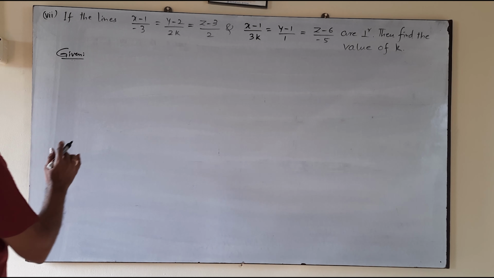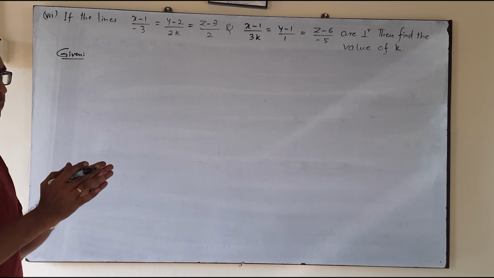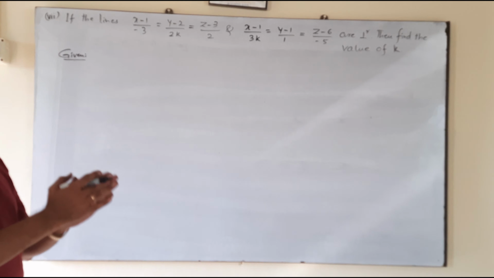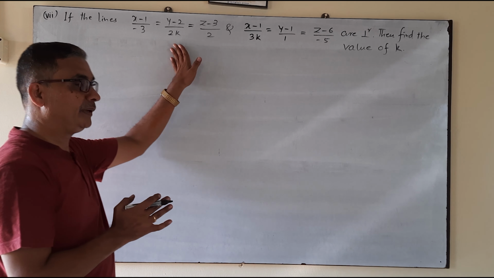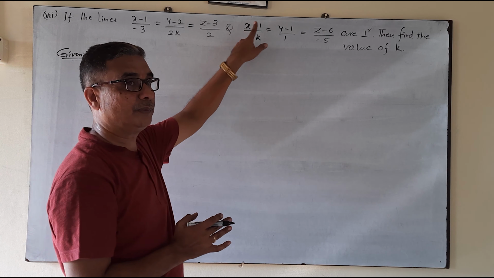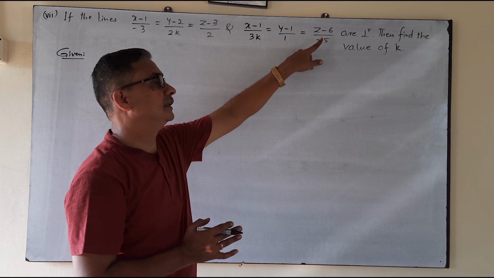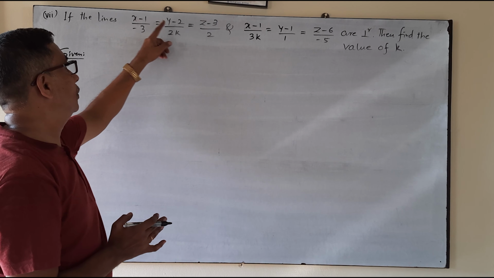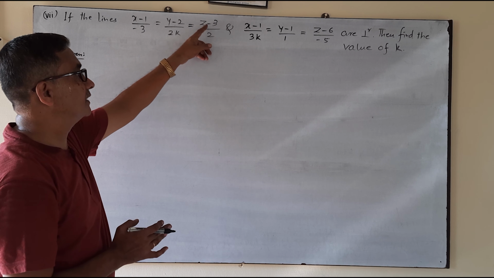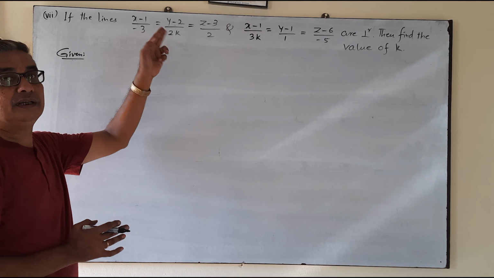Before solving that problem, first you have to identify whether those two lines are in Cartesian form or not. Cartesian form should be (x minus x1) divided by a1 is equal to (y minus y1) divided by b1 is equal to (z minus z1) divided by c1, similarly (x minus x2) divided by a2, (y minus y2) divided by b2, (z minus z2) divided by c2. The coefficient of x, y, z is always 1, and x, y, z should be in the first term; they should not be interchanged. If interchanged, rearrange.